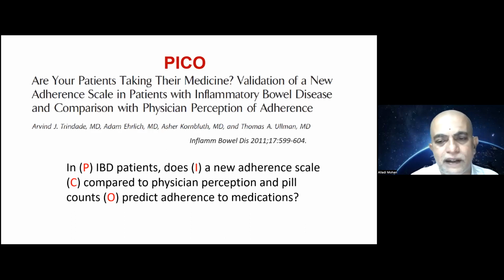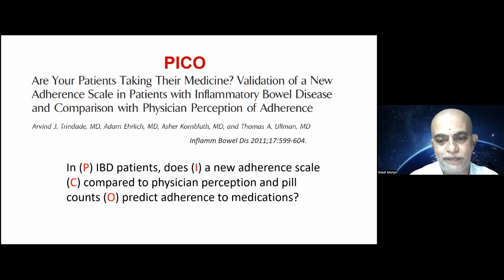I picked up one title, because it is easy to explain the concept of PICO using this title. Are your patients taking their medicine? Validation of a new adherence scale in patients with IBD in comparison with physician perception of adherence. Here, what is P? IBD patients.